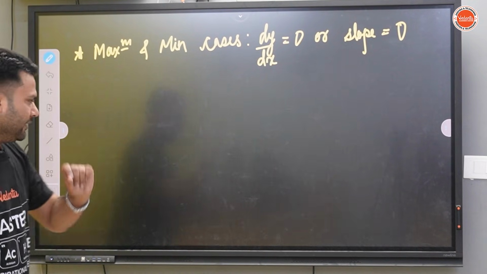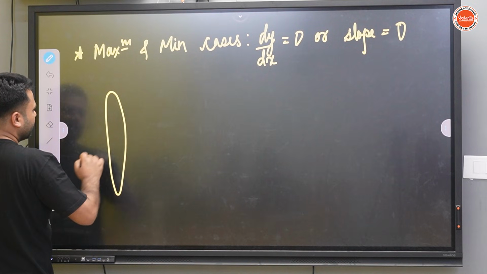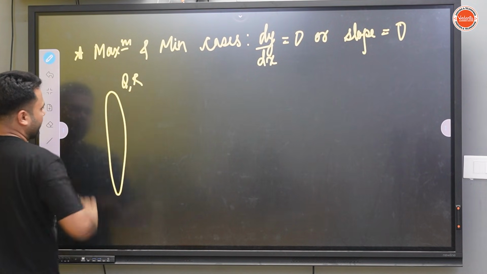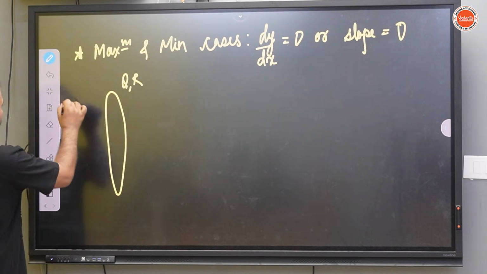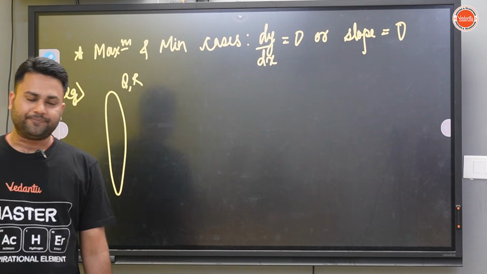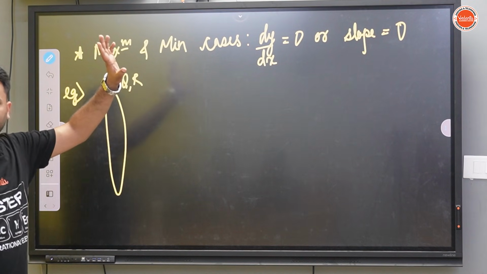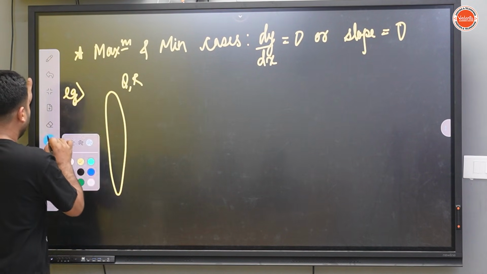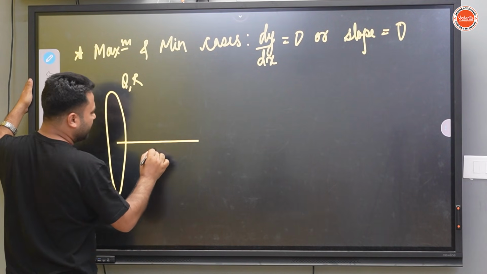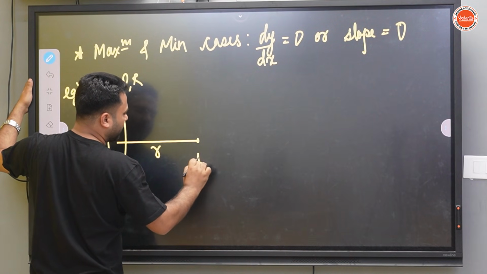Like for example, I will take, like there is a ring whose charge is q, its radius is r. Just an example. So those who can remember, they can correlate. So there is a ring whose charge is q, whose radius is r. At some small distance x, whatever, at some small distance, we have the field formula.